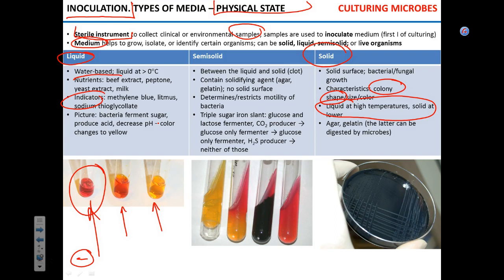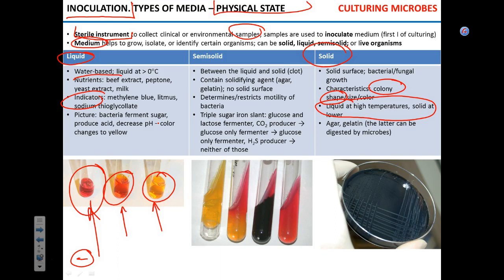When bacteria ferment sugar, they produce acid, and this acid drops the pH of the solution, changing the color progressively from orange to yellow. Does that make sense? That's convenient. But you cannot separate different microorganisms. If you accidentally inoculate liquid medium with more than one species, you won't be able to tell them apart, obviously.